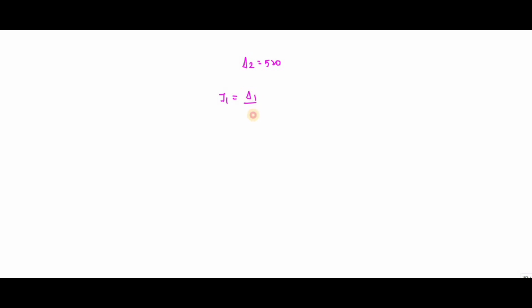So this is the formula, right? Once you solve, you will get I1. Del 1 is 1120 divided by 410 and del 2 is 520 divided by 410. So ISC is equal to I1 minus I2.